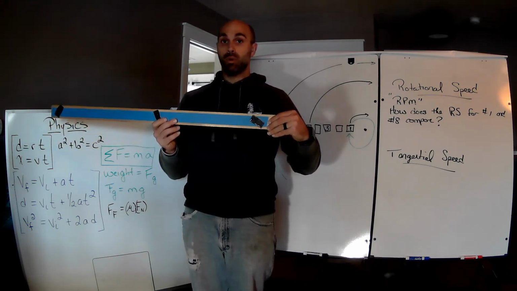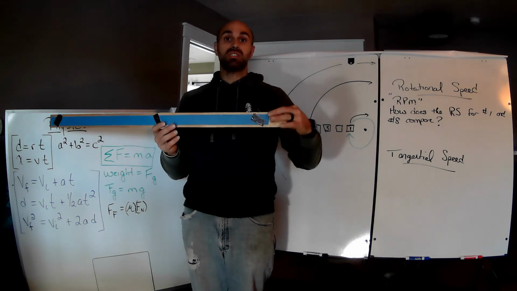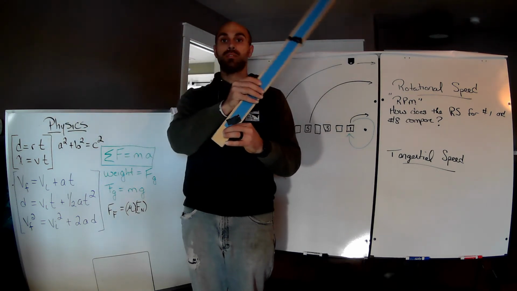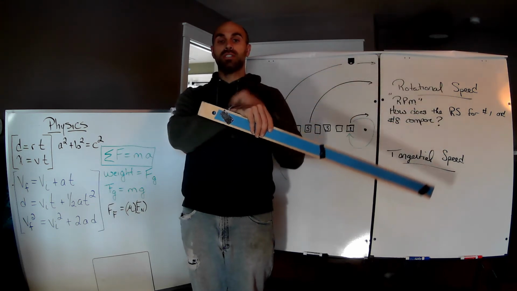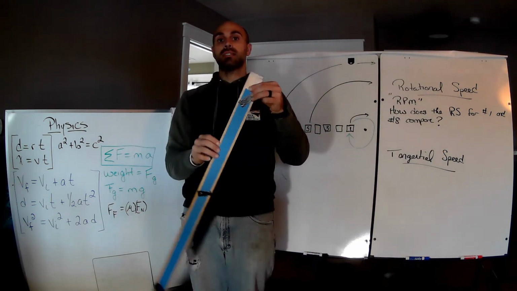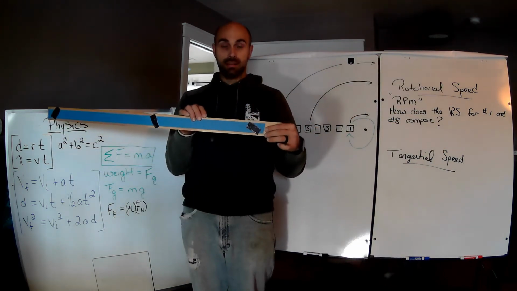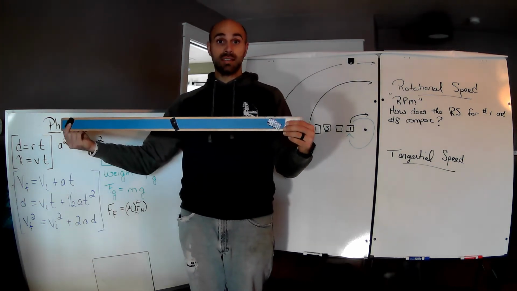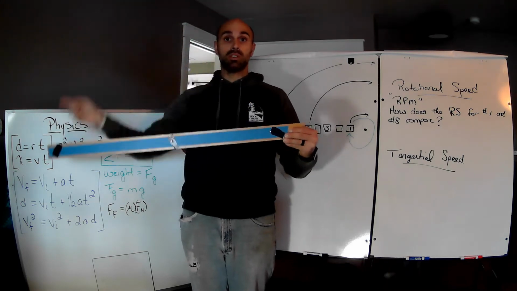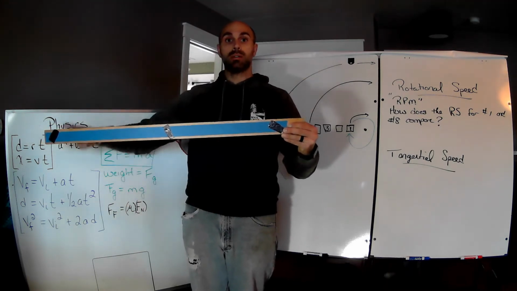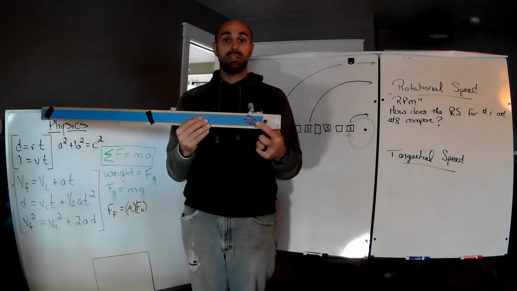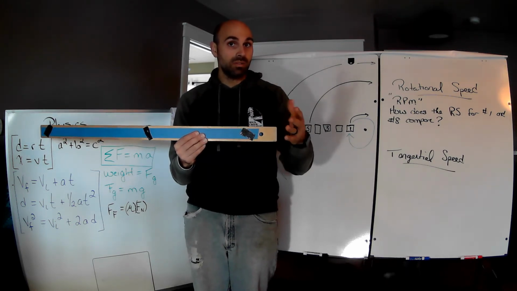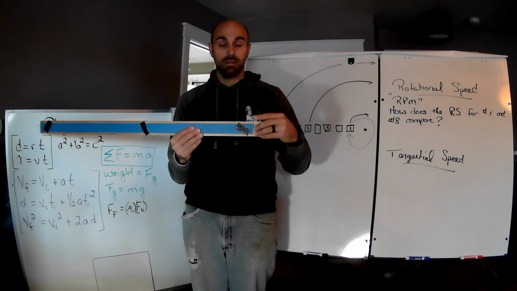Now, they both move the same amount of time. Let's just say 10 seconds. 1, 2, 3, 4, 5, 6, 7, 8, 9, 10. It took this guy 10 seconds to make one rotation, or one revolution, all the way around. It took this guy 10 seconds to make how many revolutions? 1.